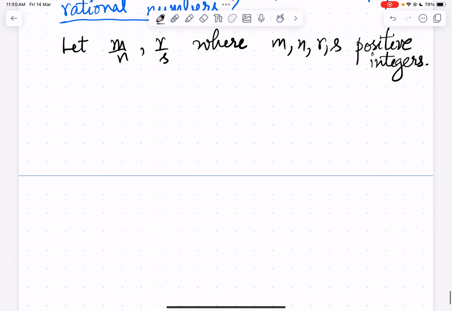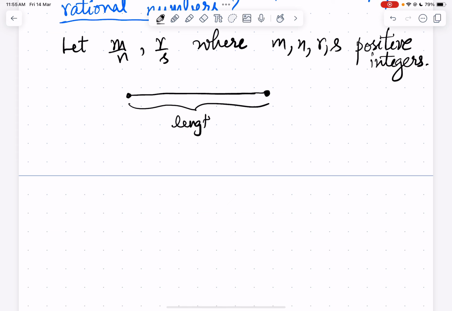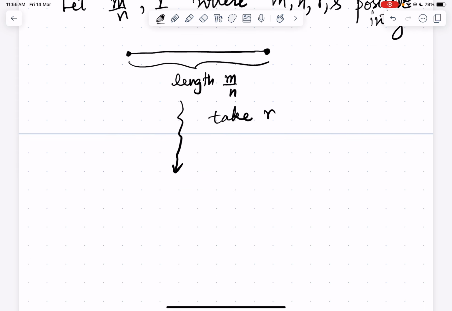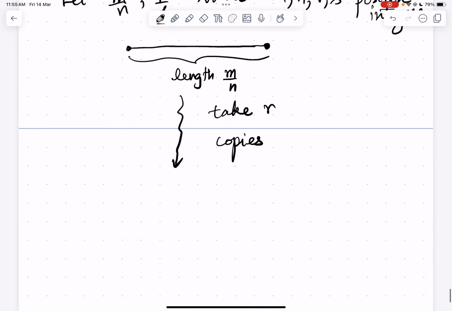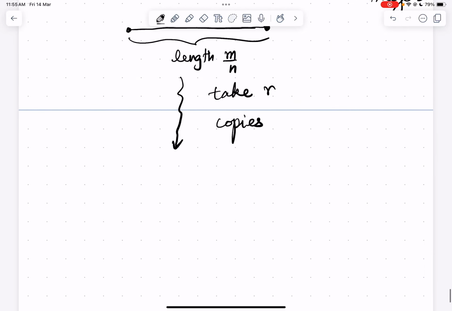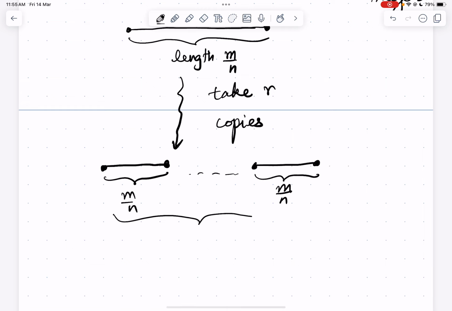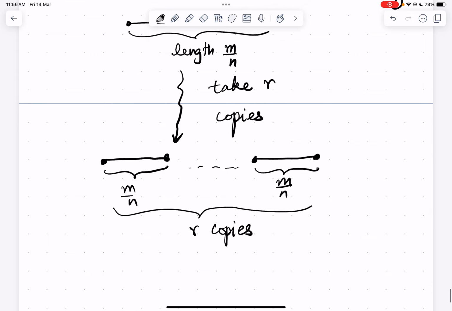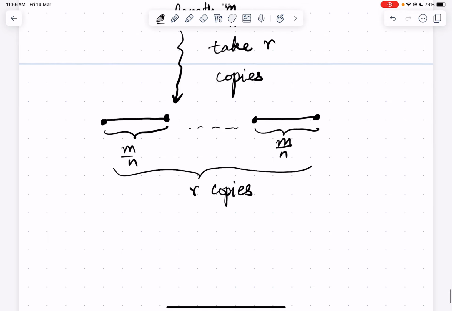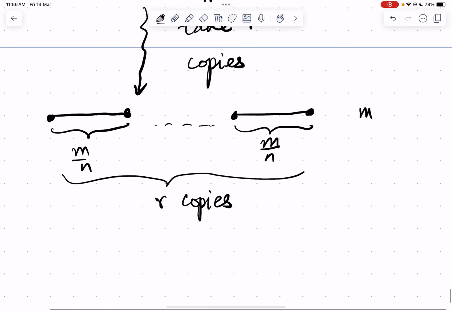Now if we begin with length m by n, and first we take r copies, we get m by n, m by n, and there are r copies, and then the total length will be r times m by n equals rm by n.